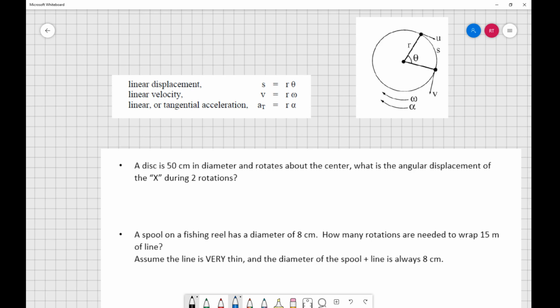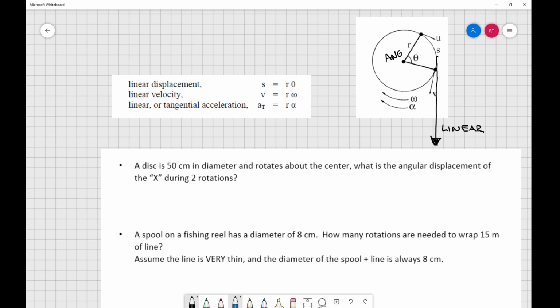If we have a circle and a rope hanging off it that's being wound on or off, we have a conversion between linear motion and angular motion of the rotation of the circle.